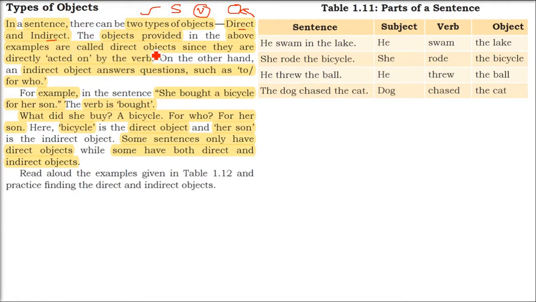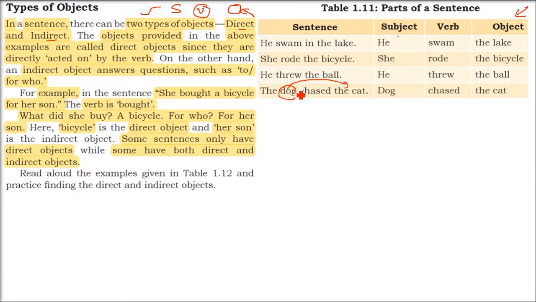The objects here are direct objects because the subject is directly working on the object.